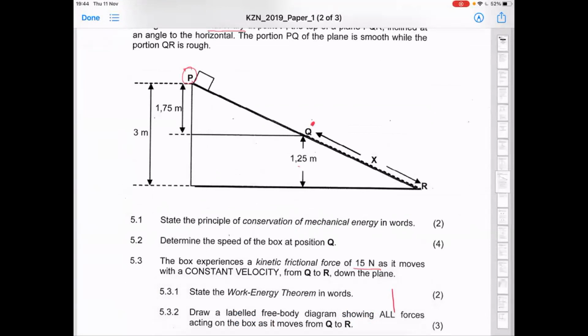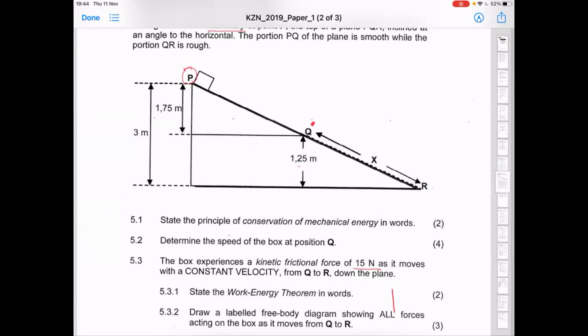It's resting on the surface, so we know it's going to have a normal force. It's going to have its weight acting vertically downwards. And it's a rough surface, so there's going to be the frictional force acting up the plane.